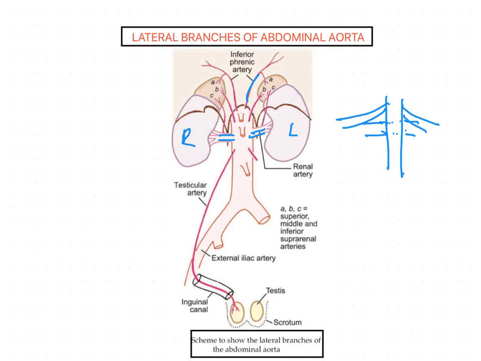Each artery, on the right side and left side, gives off inferior suprarenal arteries. Here you can find a branch coming from the renal artery, the inferior suprarenal artery, which supplies the suprarenal gland, and it also gives branches to the ureters. From the kidney you can find the ureters like this. So it gives branches to the ureters also, and finally is distributed to the kidney.